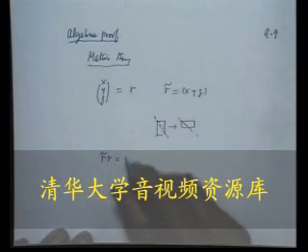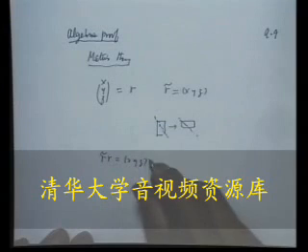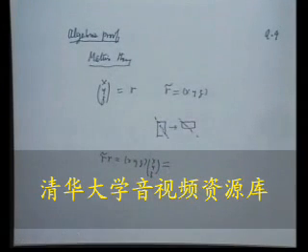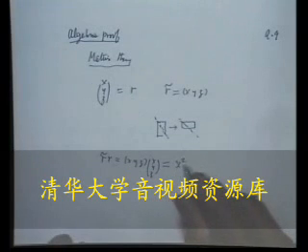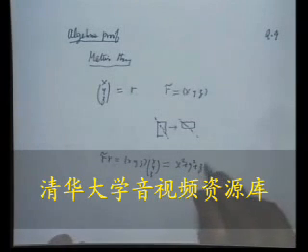R tilde R is the row x, y, z times the column x, y, z. When you multiply two matrices, you just take this row and multiply by this column, so it becomes x squared plus y squared plus z squared.